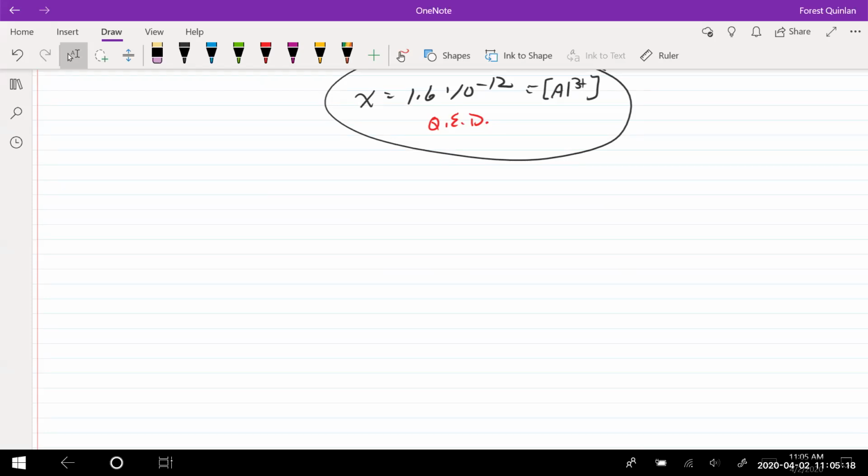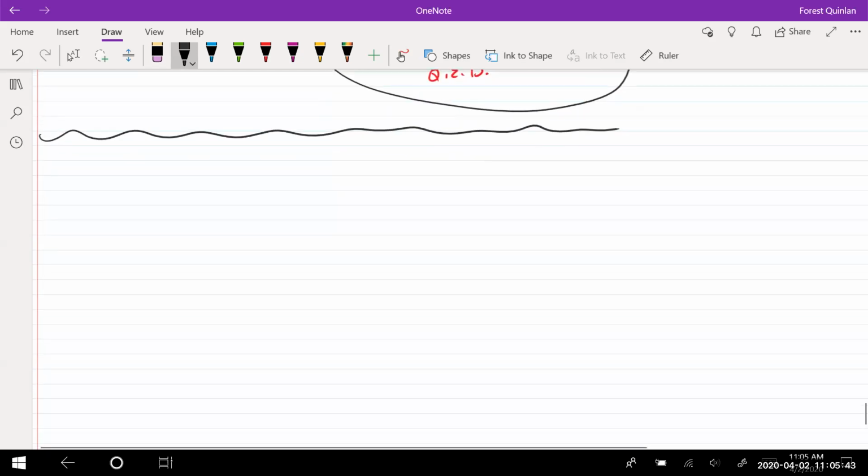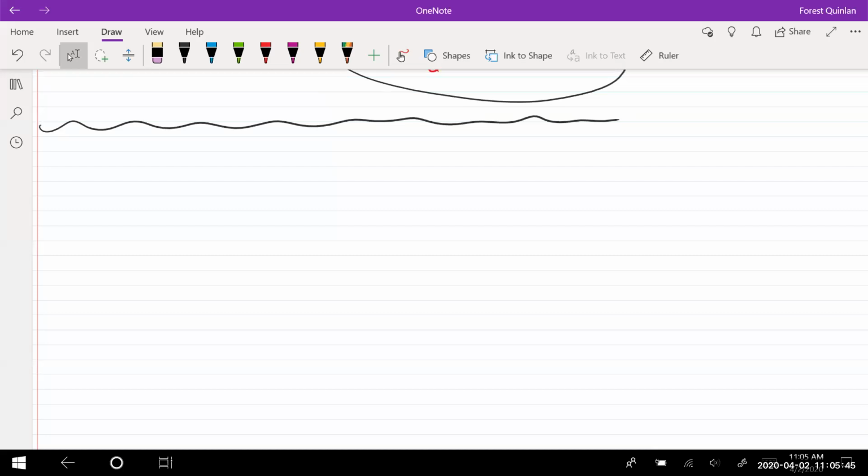So while he does that, the rest of us will move on and he'll catch up. Quod erat demonstrandum, which loosely translated means that which was to be demonstrated. And I just demonstrated it.